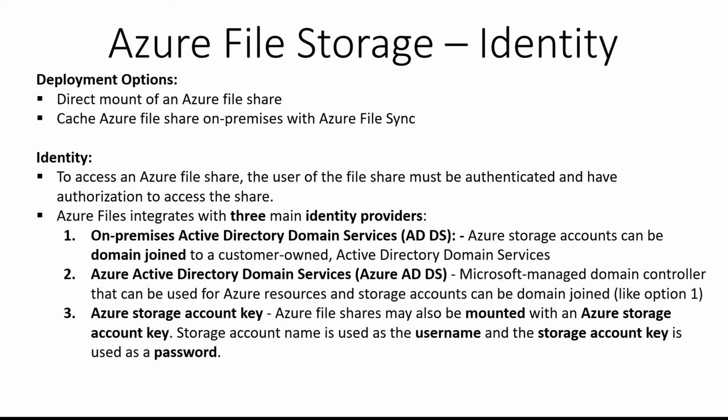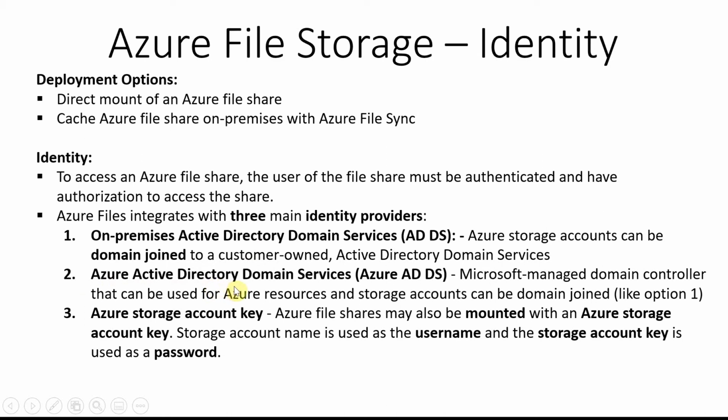And then this is what I was talking about with identity: who can access the file storage? The answer is it has AD integration. You can use on-premise AD, or if you already have an existing Active Directory, you can use that. If you don't have on-premise AD, then you can use Azure AD.